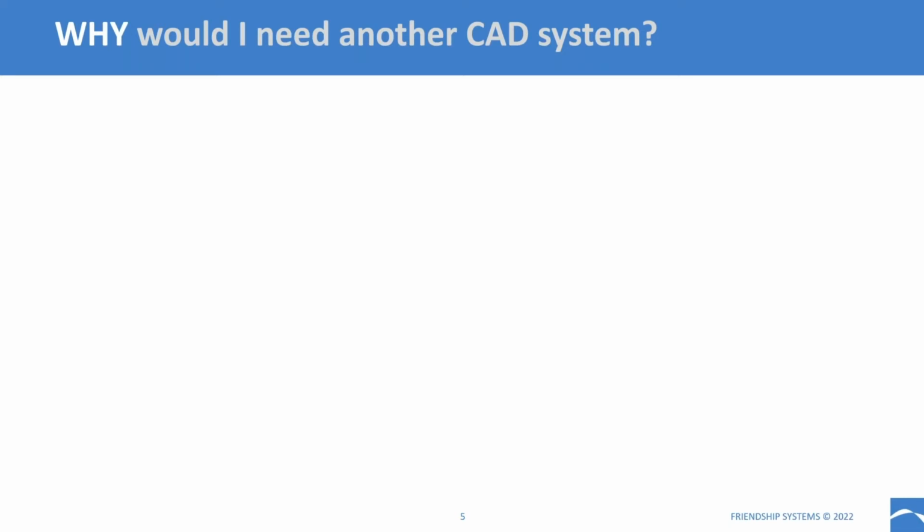So finally, one thing to answer. I think this is a commonly asked question if we mention, okay, CAESES is for a big part a CAD tool to generate different geometry variants. Why would I need another CAD tool or another CAD system? Obviously, most people that are doing engineering, if not all, have access to some sort of CAD system.